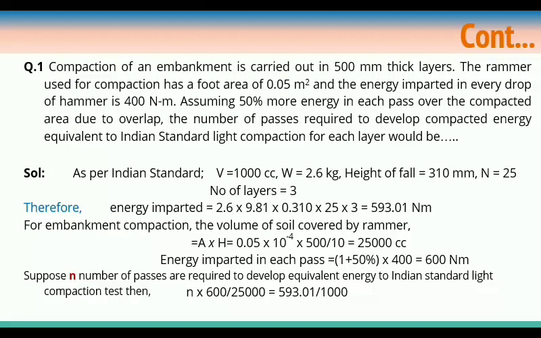By equating this relation, we get the n value as 24.71. We have to write it in integer format, so n is equal to 25. Are you getting my points? These two things are equated: the Indian standard light compaction test and the compaction going on in the embankment. So the energy is related to each other, and we get n equal to 25.